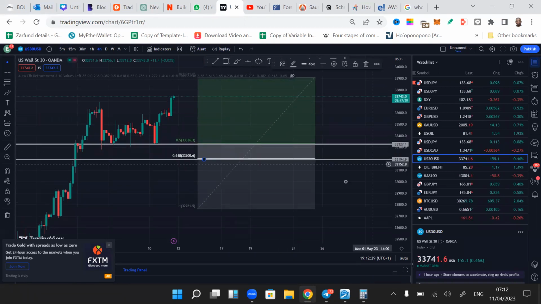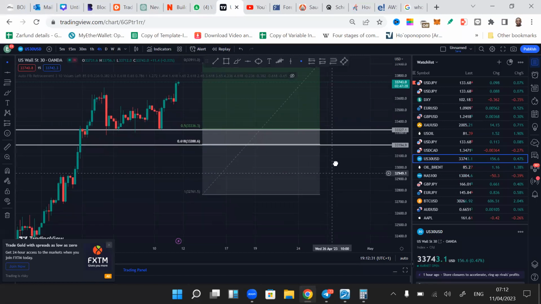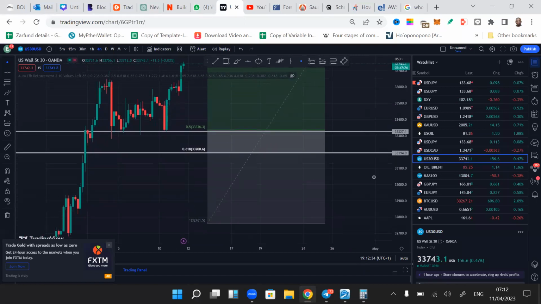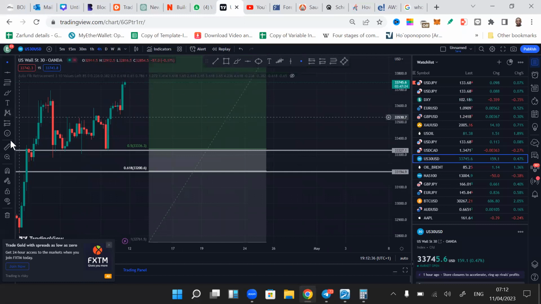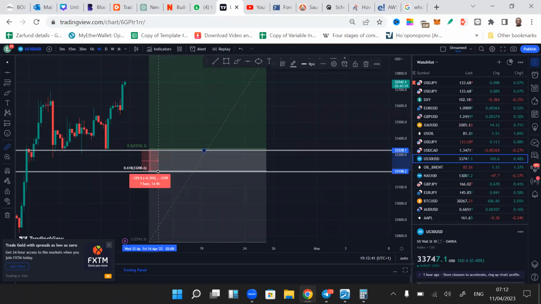And depending on where you are trading from, the gap here, that means this pip amount between this area and this area, can be very huge.